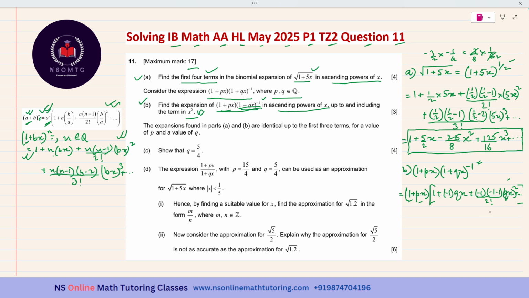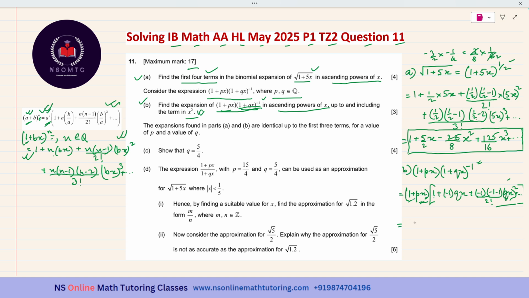I'll be getting a total of 6 terms. But let me see whether I need all of them. Definitely I will not be needing the term found by multiplying px with this one, because this will be x square and this will be x. So that will be x cube. I'll not be needing that term.